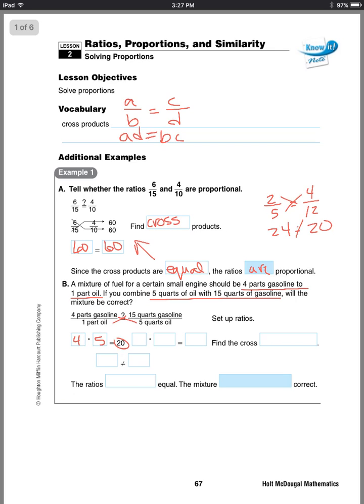And then the other one is 1 times 15, and that equals 15. So we just found the cross products. And 20 is not equal to 15, so the ratios aren't equal. So the mixture won't be correct.